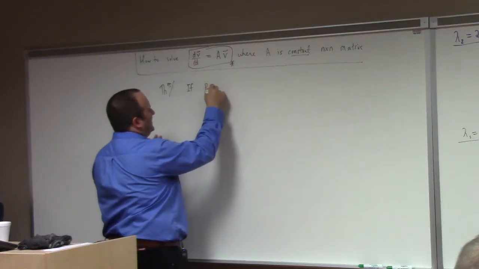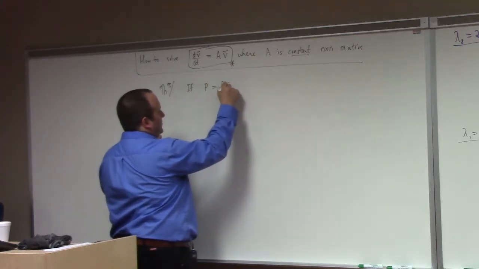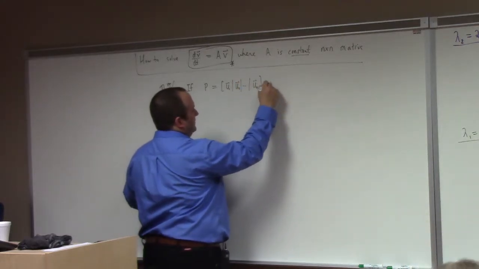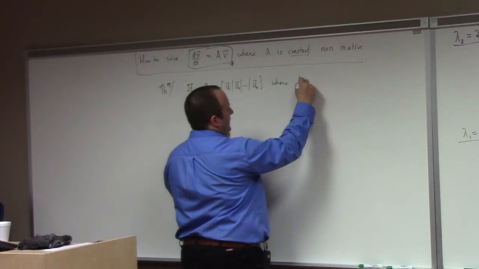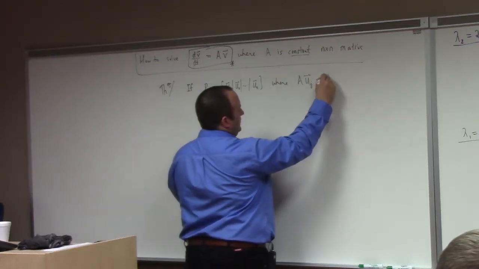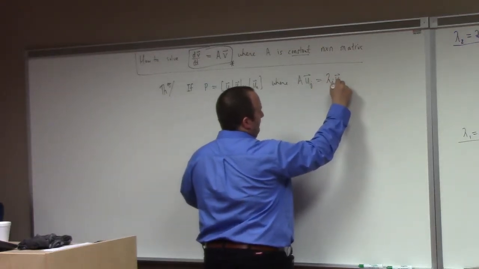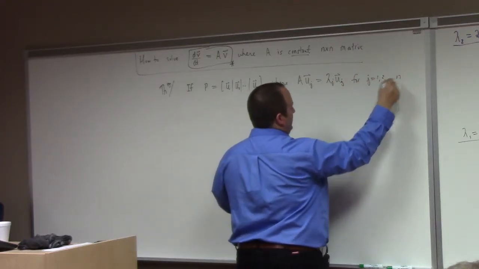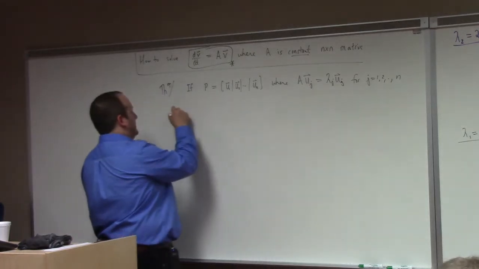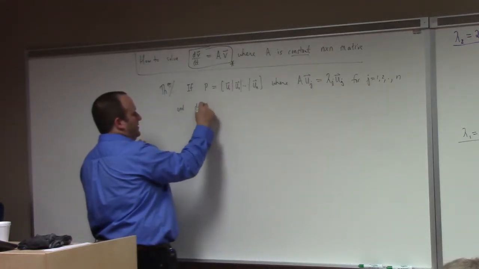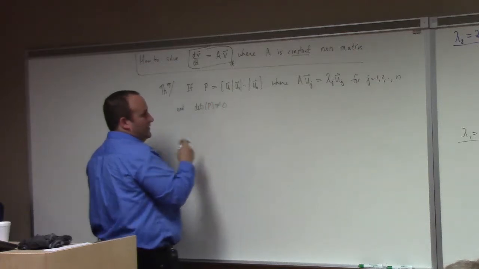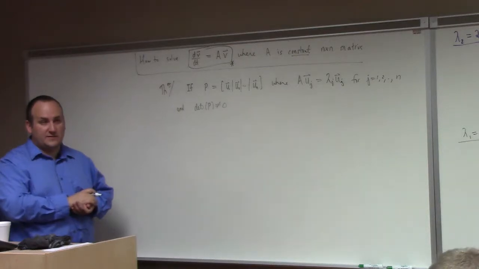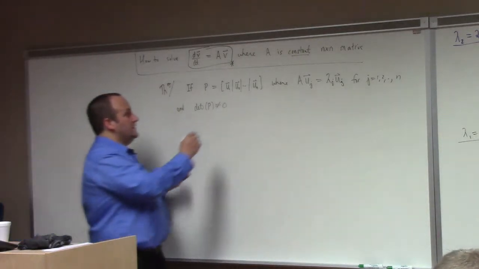If we have P equal to U1, U2, up to Un, where A Uj equals lambda j Uj for j equals 1, 2, all the way out to n, and the determinant of P is not equal to 0. In other words, I'm saying that you actually have n linearly independent eigenvectors. You can put them together and make an invertible matrix.